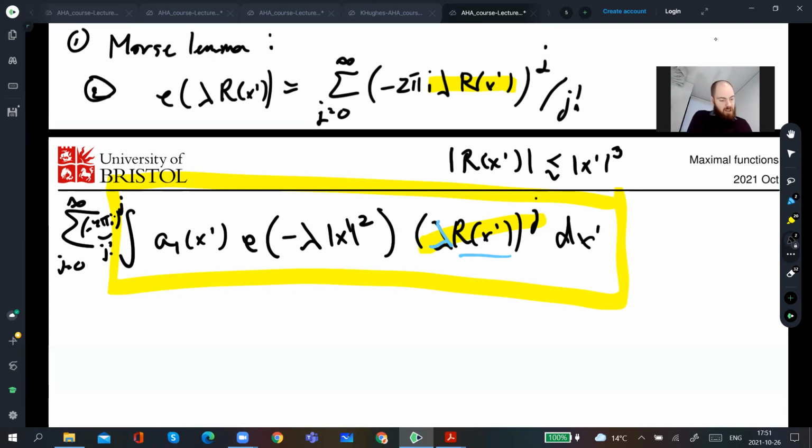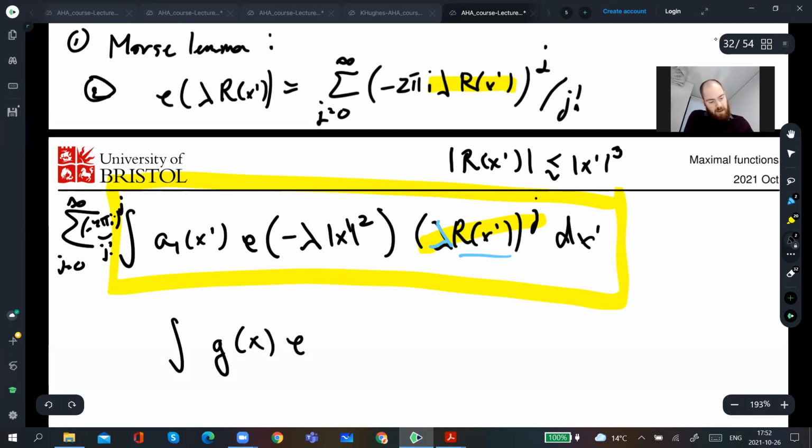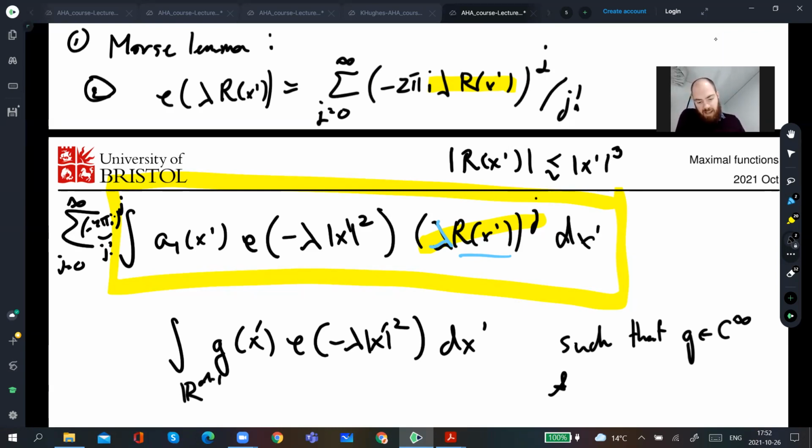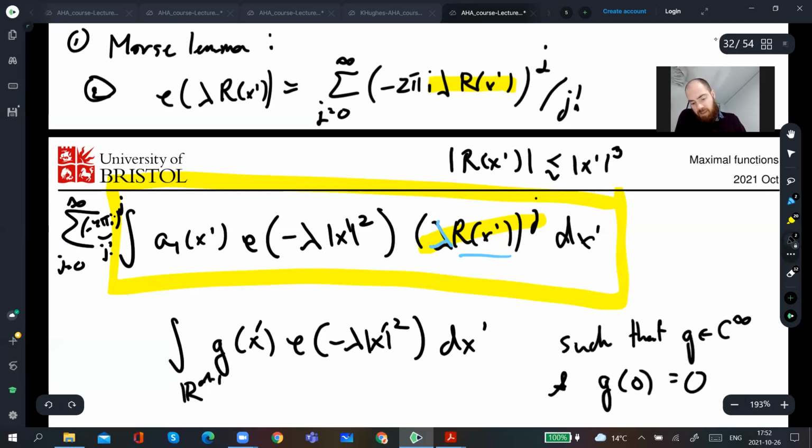maybe I should say the following. You have a general lemma that says this. If I take the integral of g of x against e to the minus lambda x squared, dx, over R^(d-1), such that g is smooth, and say it's Schwartz, and g of 0 is 0, then this integral actually has arbitrarily good decay.